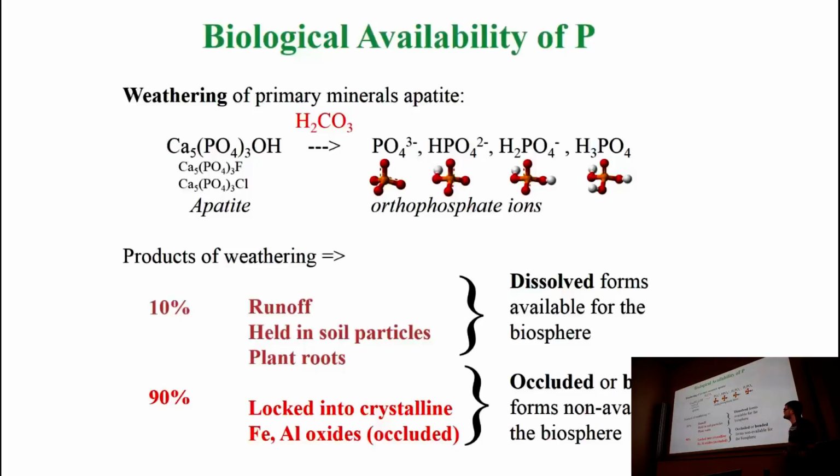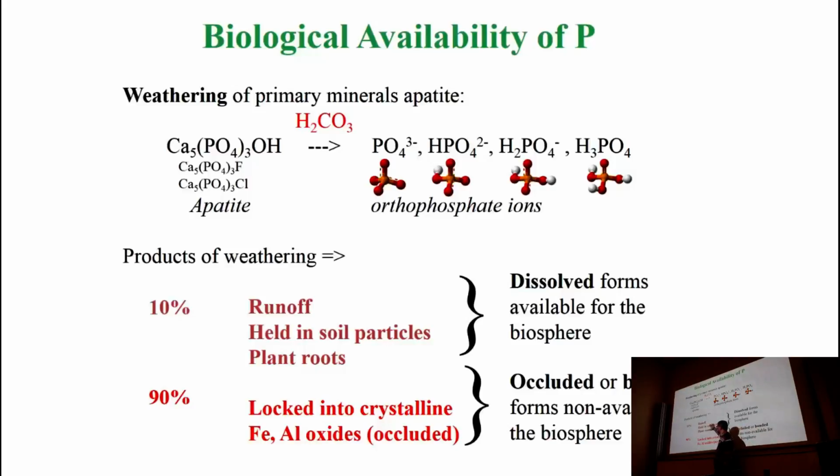But the problem is that if it can dissolve in water, it can be washed off the land very easily. So that's one problem. And that's not the only thing that happens.